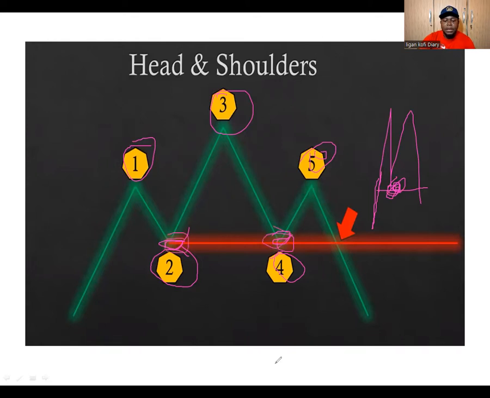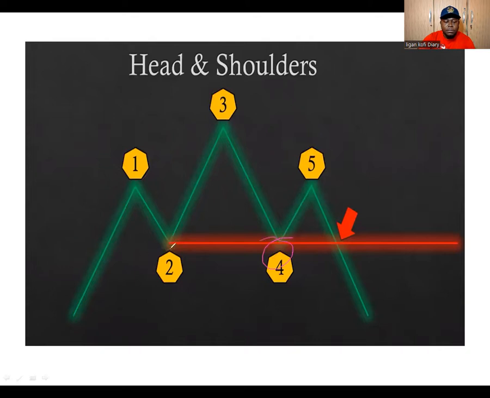Is that okay? That is where you are watching, which is the 2 and then the 4. So you are watching the 2 and the 4 to break. When the trade comes back and then it breaks through the 2 and then the 4, that line, then we can say that a head and shoulders pattern has been formed.